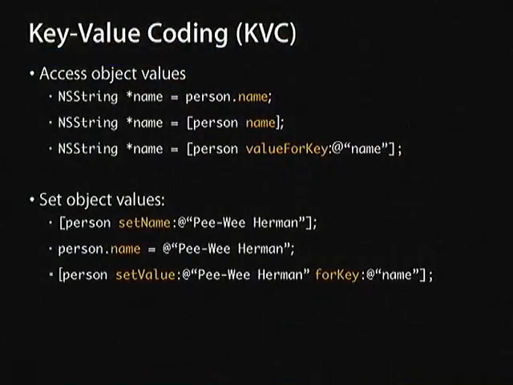But you can also set this way too. So you've seen how to do this, setName with a string, or with a value. You can say person.name equals value. And then there's this third way that I want to introduce you to today, which is using the setValue forKey. And again, the key is just the string version of the property that you're trying to set.